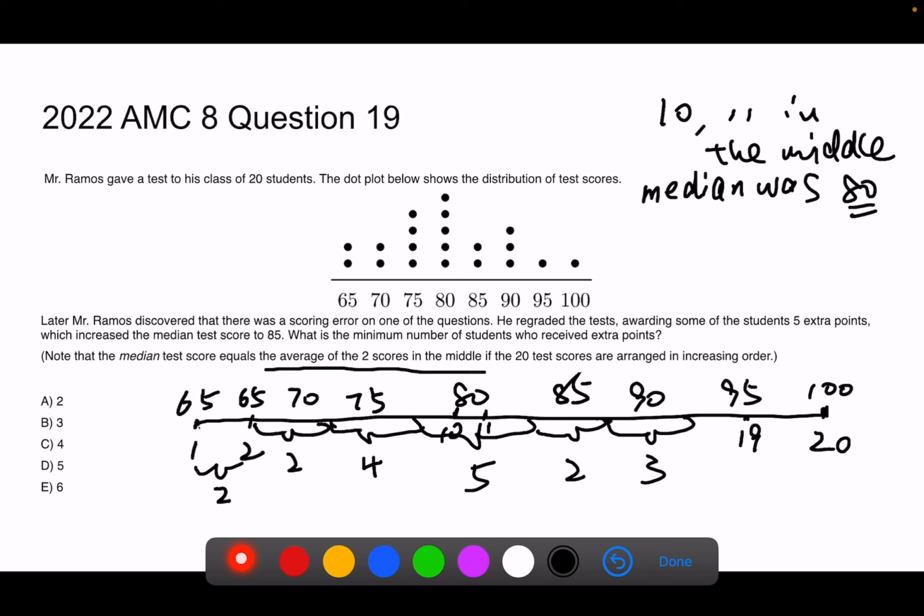Now, some students will get 5 extra points, which means 65 may go to 70, 70 may go to 75, 80 may go to 85, and so on. And your requirement is the median needs to increase to 85. Note that there are two ways for your median to be 85.